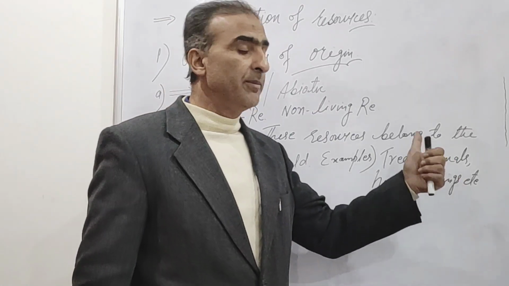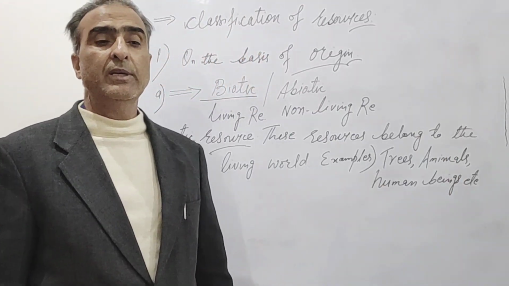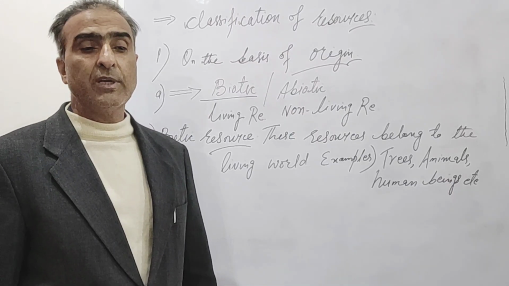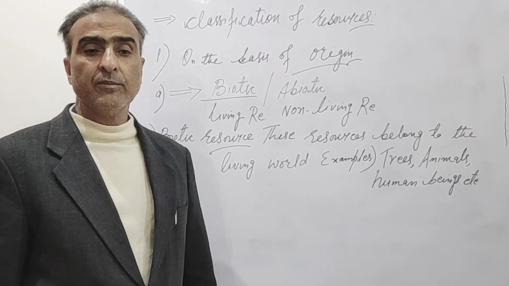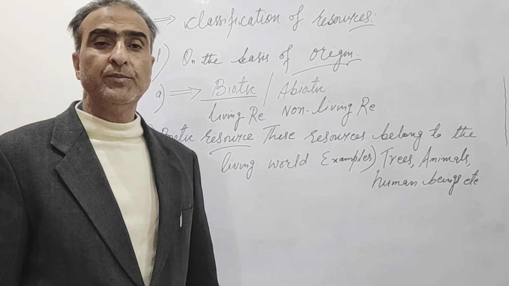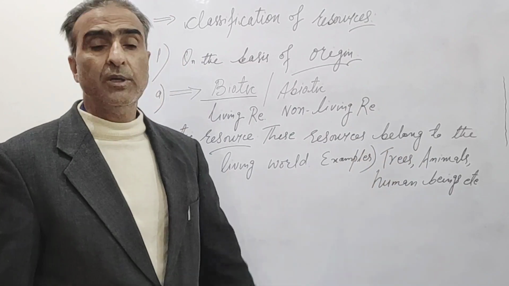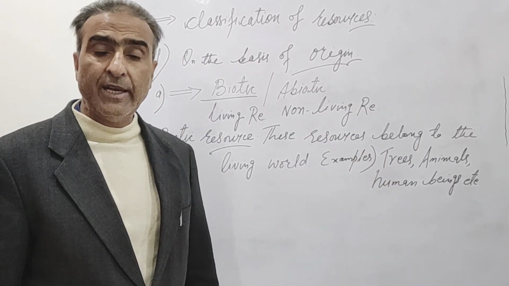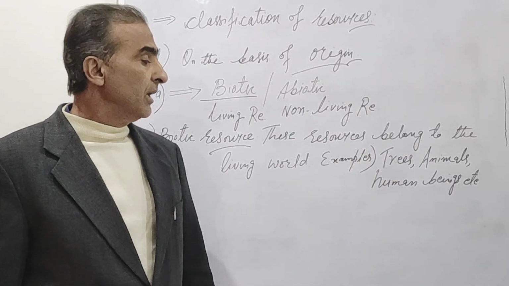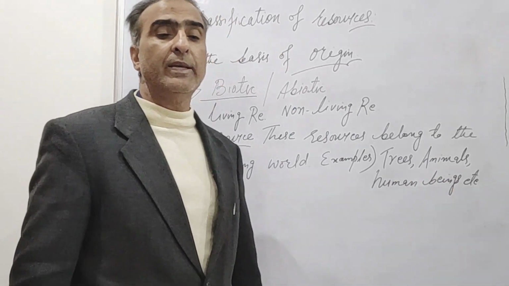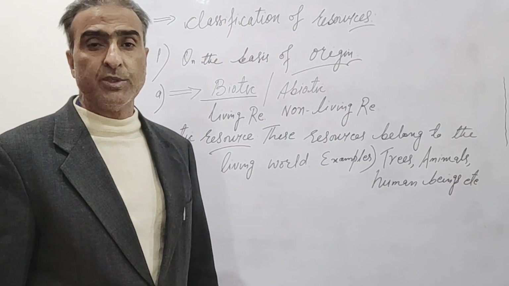When we speak of animals, we have wild animals, domestic animals, animals which live underwater, fisheries also. We can also include birds and insects with the animals, and then we have the human beings. So all these are examples of the biotic resources.